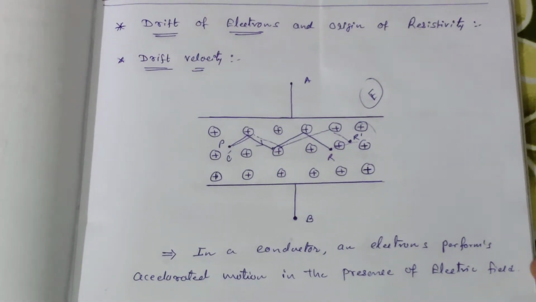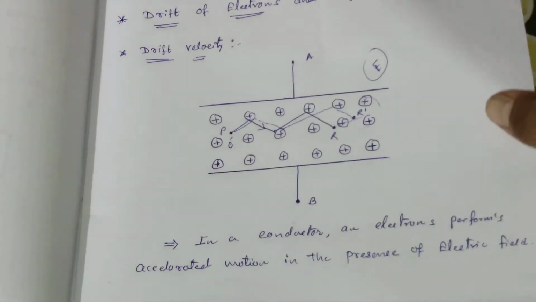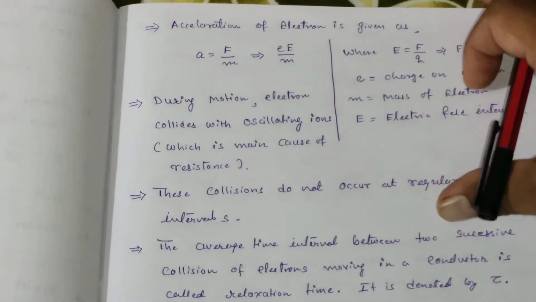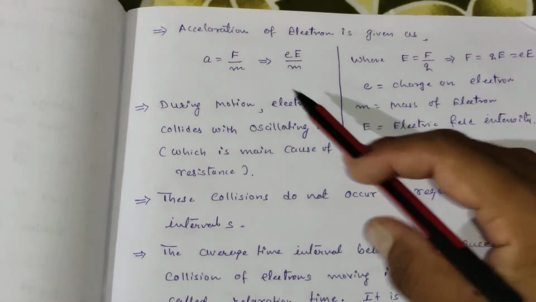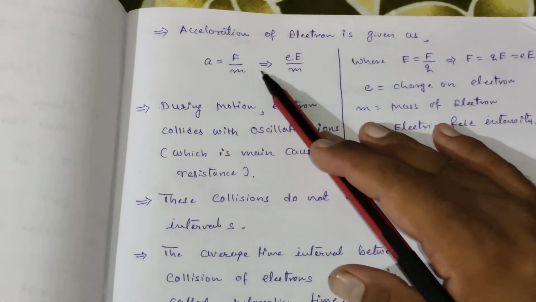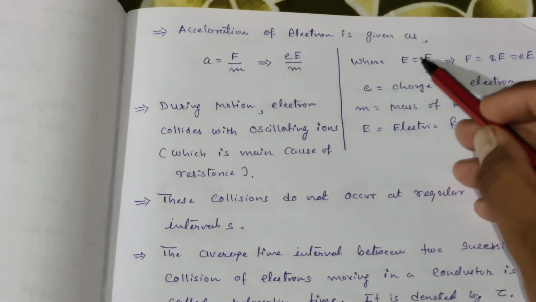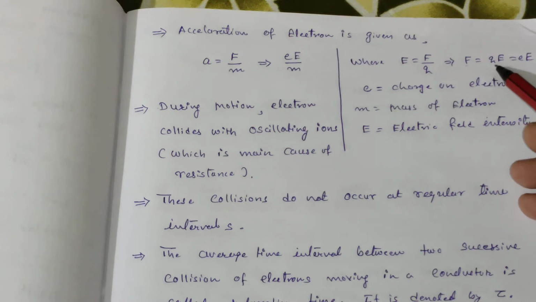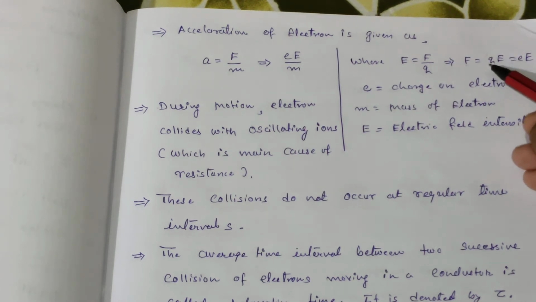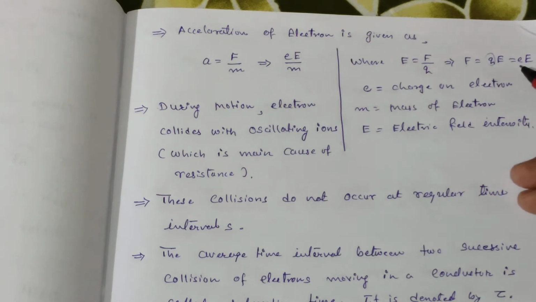Now let's see how to write it. We have to consider the acceleration obtained by the electron in the presence of the electric field. The electric field is E equal to F upon q, which implies F equal to qE, where for q we are using the charge of the electron.